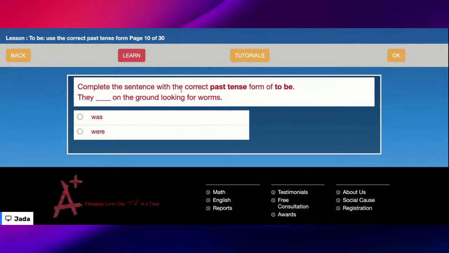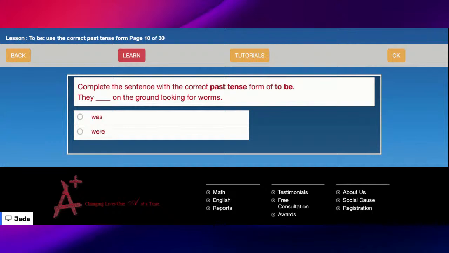They dash on the ground looking for worms. They were or they was on the ground looking for worms?